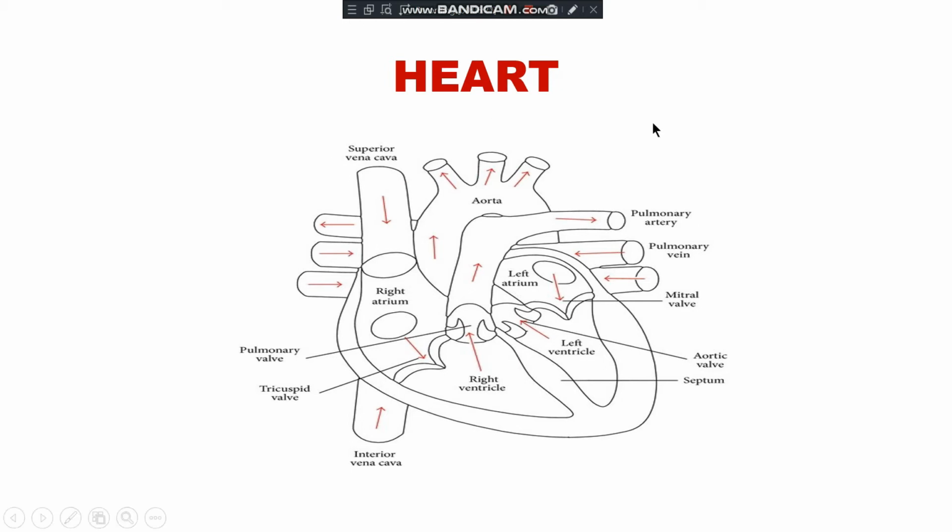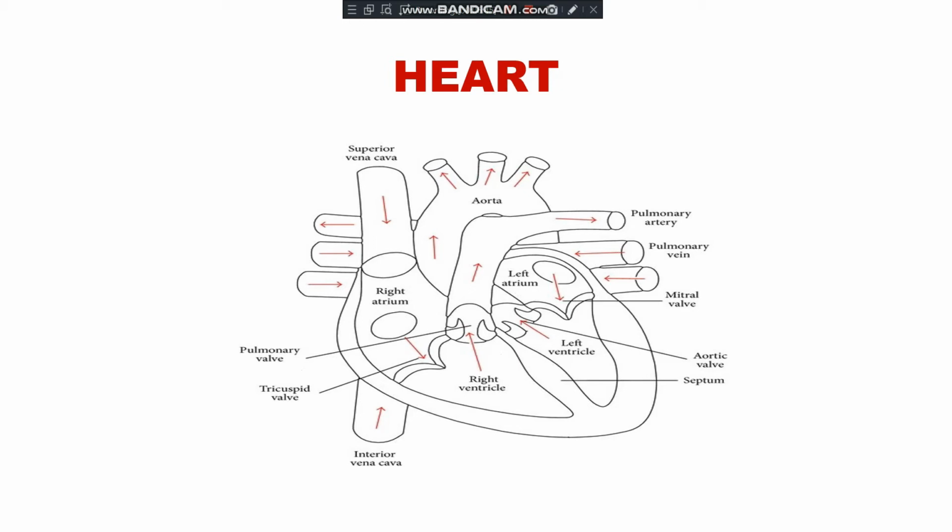A human heart is a muscular organ. The main function of the heart is to pump the blood. It is a component of the circulatory system. The human heart is divided by a septum into two parts, left and right. In the right part, there is deoxygenated blood.